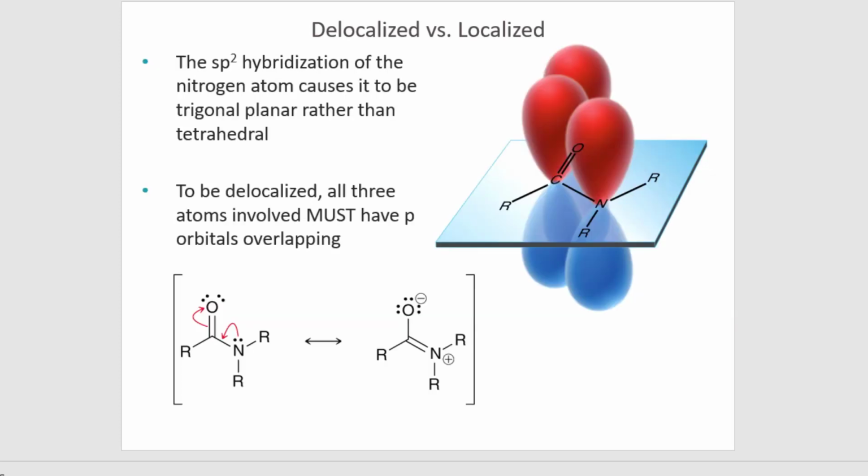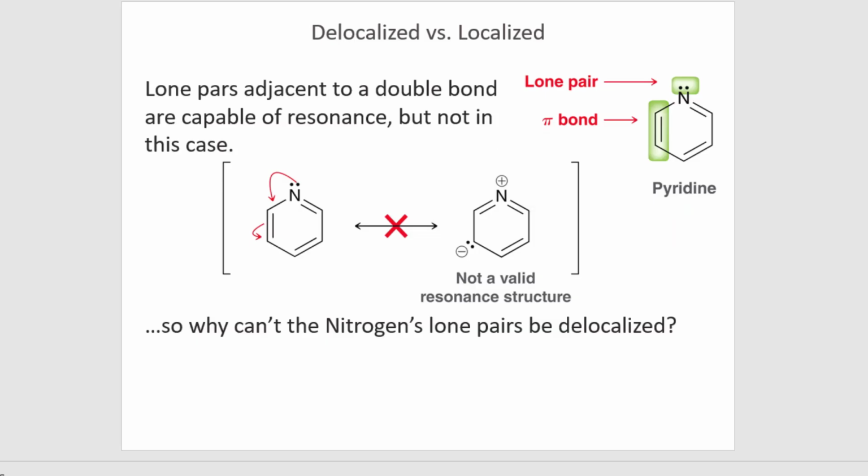Here's a better pictorial of the unhybridized p orbitals sharing electrons, right, through those kissing p orbitals that are parallel, showing that there's distribution or delocalization of that lone pair. Now, lone pairs adjacent to a double bond are capable of resonance, but vinyl lone pairs are typically not able to resonate.